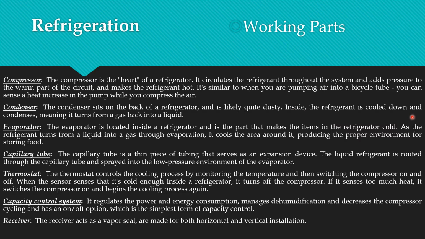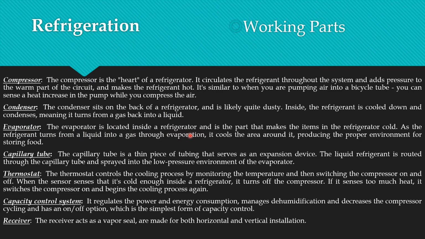The refrigerant is cooled down and condenses, meaning the gas turns into a liquid. Due to the atmospheric air present in the kitchen it will get condensed. In some fridges, separate fans are also used to cool the condenser tube through which the compressed gas is passed and becomes liquid. Then the evaporator.